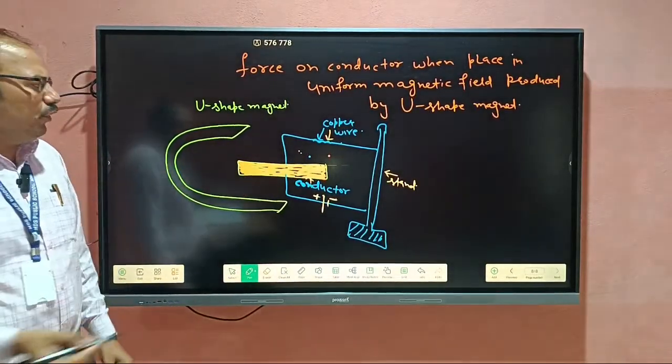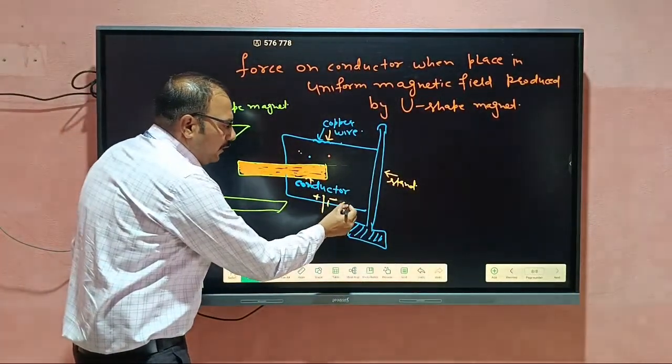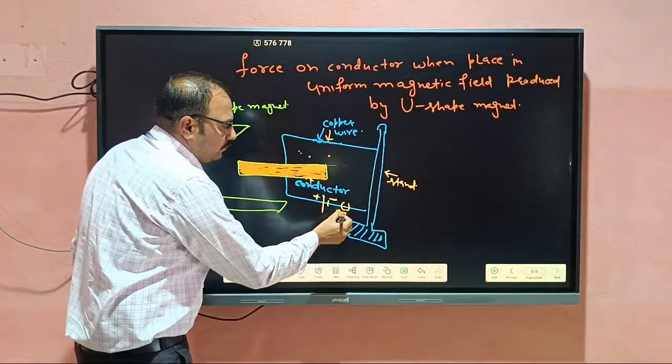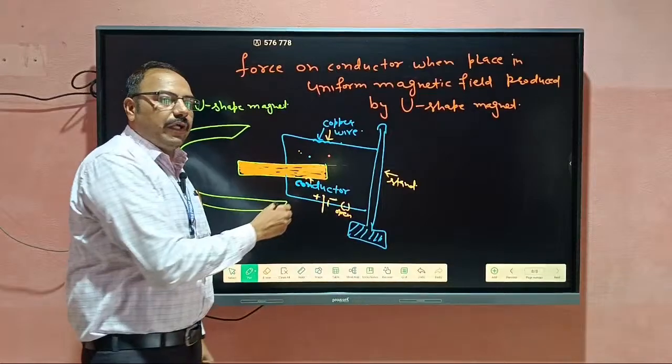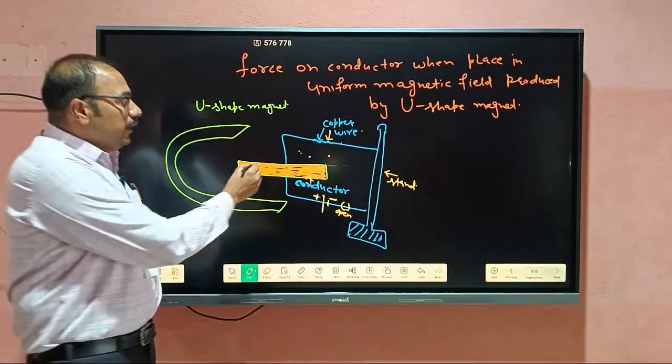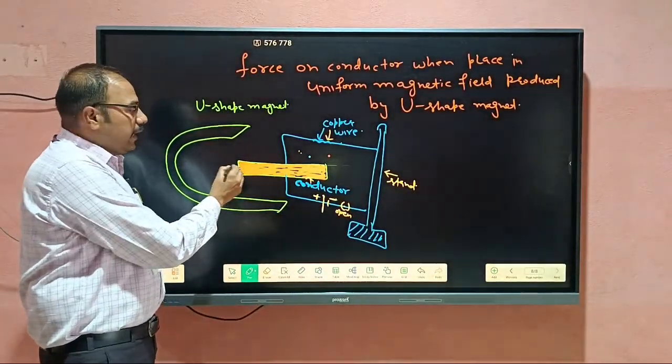So how to find out? First of all, this circuit is open. When the circuit is open, no current is flowing in the circuit. If no current is flowing, then the position of the conductor is at the middle.